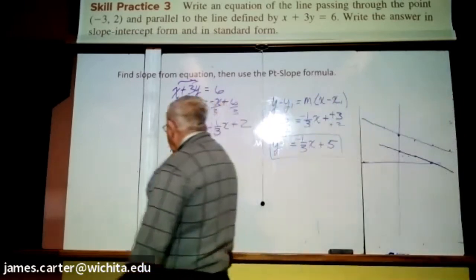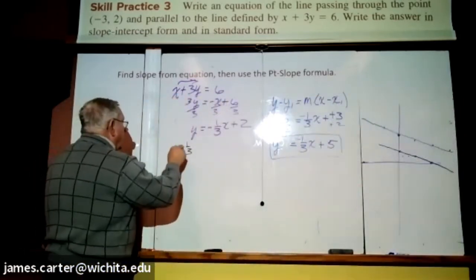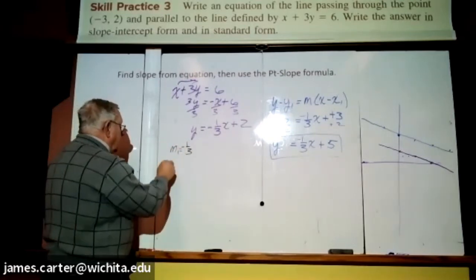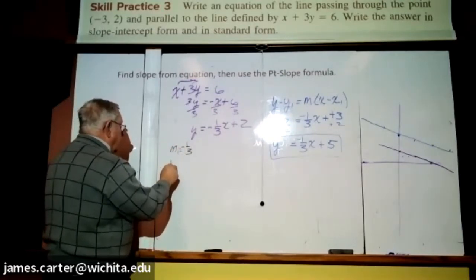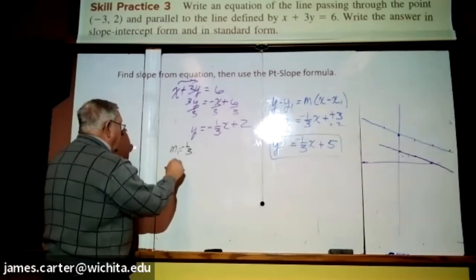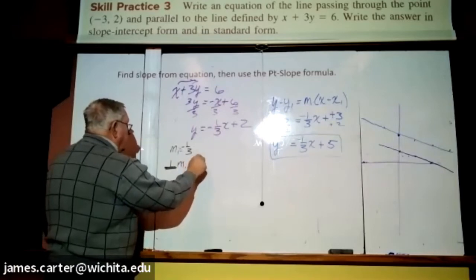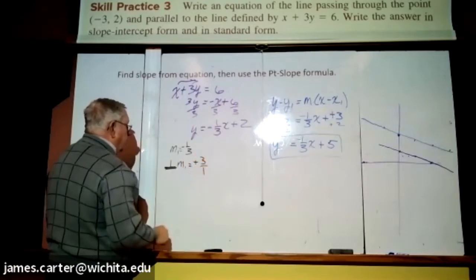Now, finally, I'm ready to find the perpendicular slope. So our perpendicular, that's a perpendicular symbol, of slope -1/3 is +3/1.